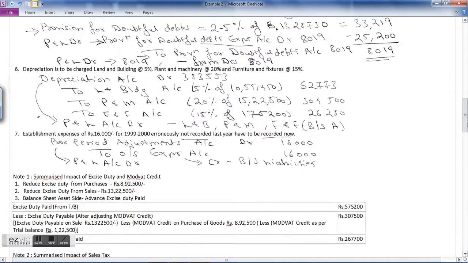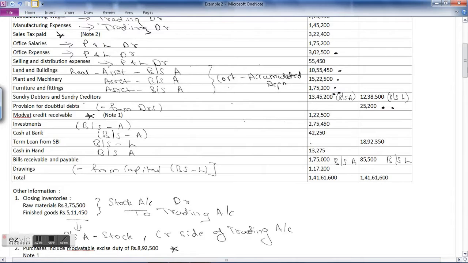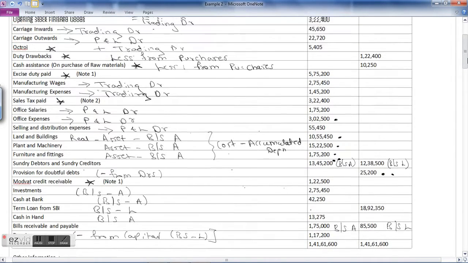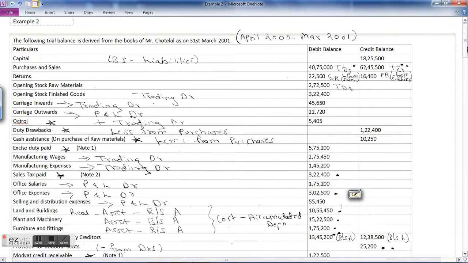Let's see if there is some sales tax payable. So no sales tax payable, with this sales tax paid there, so we have to adjust this from sales tax payable.